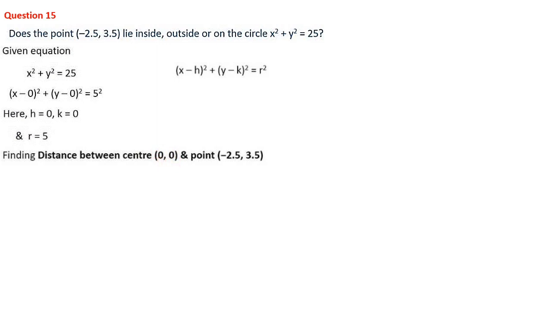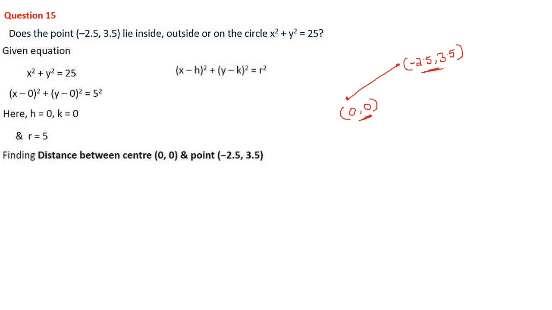You can see here, we have a point (0, 0), that is our center, and we have another point which we need to verify whether it is inside or outside. So let's take that point as x equal to -2.5 and y equal to 3.5. First of all, we have to find the distance between these 2 points. This is the center of the circle and this is the point given to us.